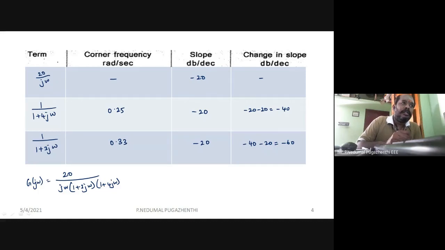Based on the power of omega, if the power is 1, like in the first term, you will have 20. If the power is 2, it is 40, 20 into 2. If it is 3, it is 20 into 3. If it is 4, it is 20 into 4. I hope that you got your problem. So you add these two to get your change in slope. Any doubts?